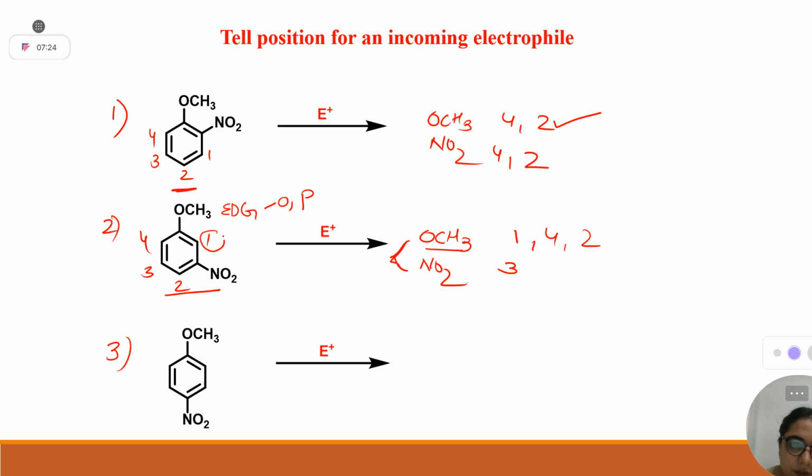At position number 1, it will not come due to sterics. Now the remaining positions are 2 and 4. Which is more probable? Four. Very good. Why? Because the second position is nearer to NO2, and one more effect of NO2, that is minus I, will be less at position number 4. Yes or no?